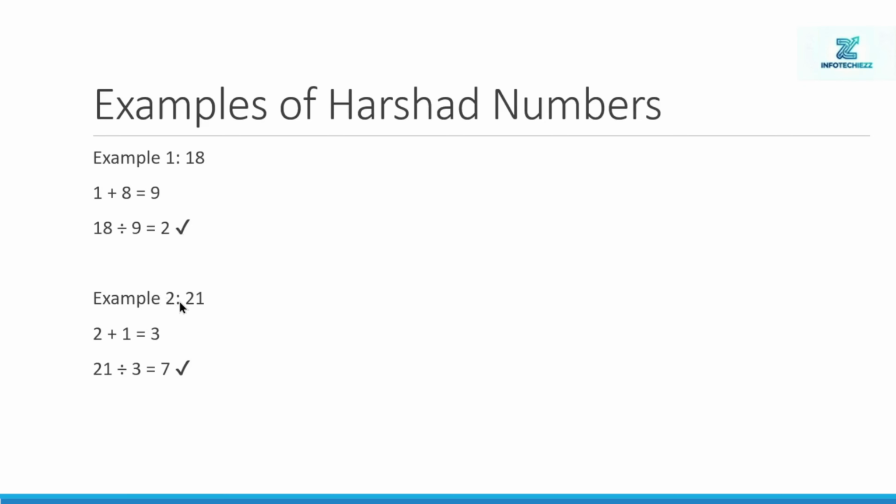As another example, here I have 21. If I add, 2 plus 1 is 3, right? So 21 divided by 3 will be divisible, and we get a quotient of 7 and remainder of 0, right? So this is also a Harshad number.